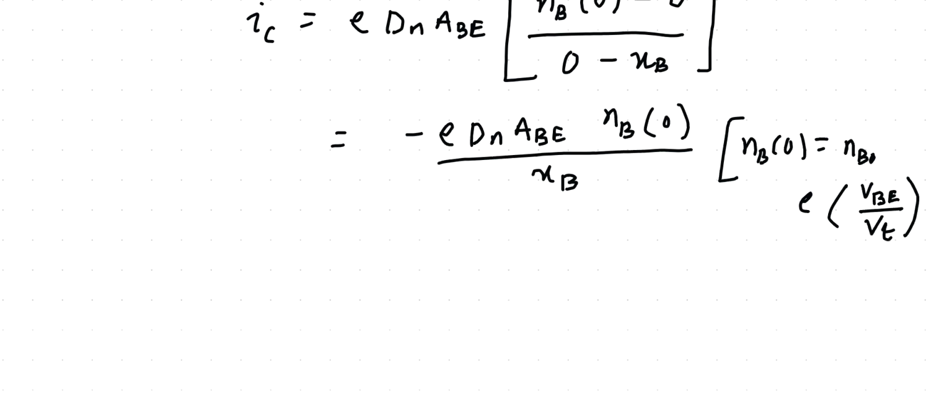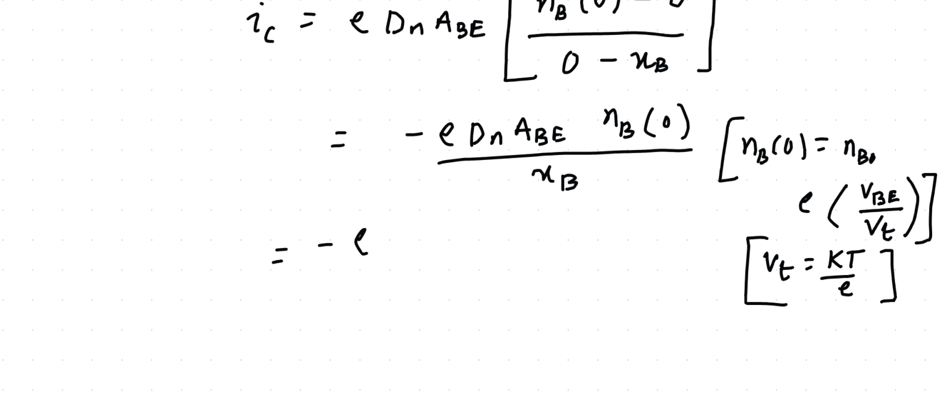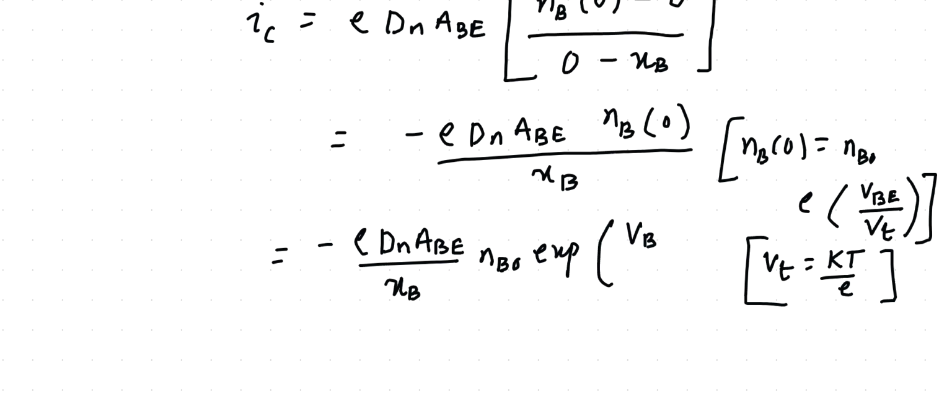If you remember, this value VT is actually your kT by e in the derivation we have used. This is our thermal voltage, we said. So now if I substitute this, finally we got minus E Dn ABE divided by XB, NB0, and then exponential of e to the power VBE divided by VT. So this is the expression for the collector current that we obtained.